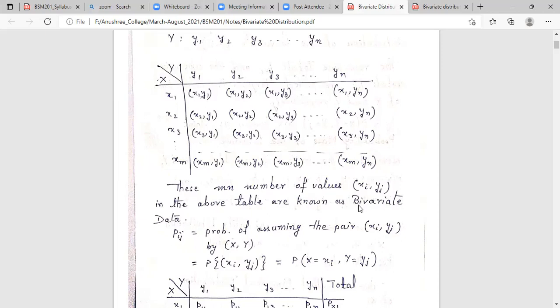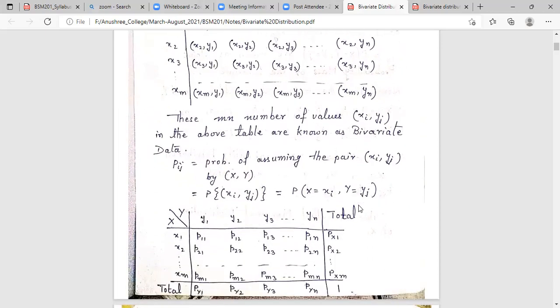We all know that bi stands for two, so it is two sets of random variables we are taking here, and that's why it is bivariate data. Now we are going to learn how we can obtain the corresponding probability distribution from the set of bivariate data. So let us move on for that.